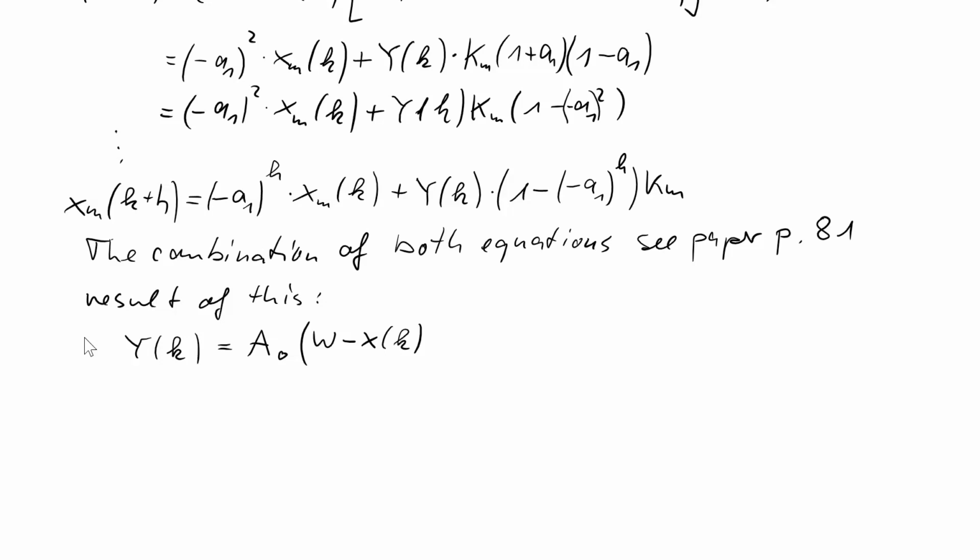W is the desired value, x is the measured value of the process, plus a second coefficient times the model output which I have calculated in this actual moment. So we get a very simple equation, because a sub o and a sub 1 are coefficients which I can calculate before I start controlling.